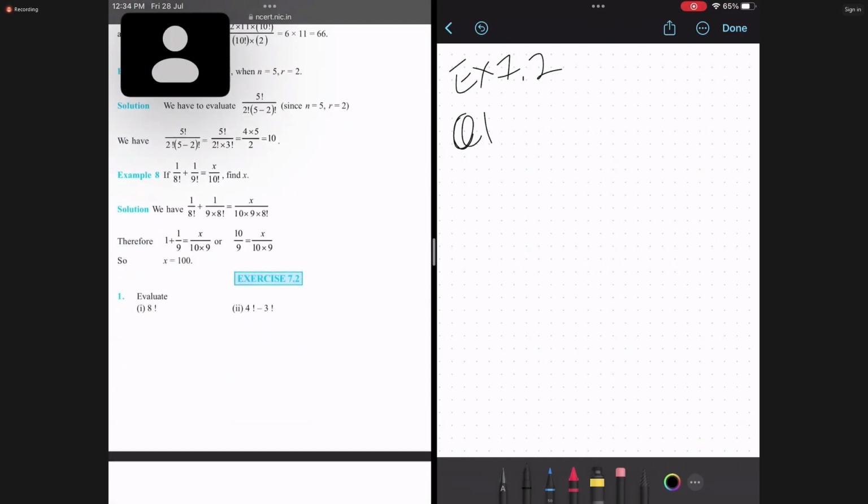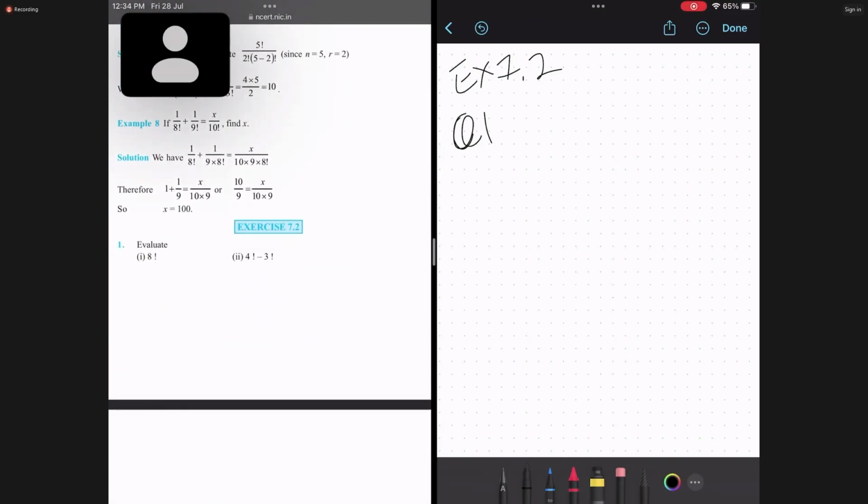Question number 1, exercise 7.2. First part. So first part is fairly straightforward. We have been asked to evaluate 8 factorial. And as you know, this factorial notation is nothing but numbers multiplied in a series from n, where n represents the factorial that you're calculating, to the first natural number, that is 1, right?